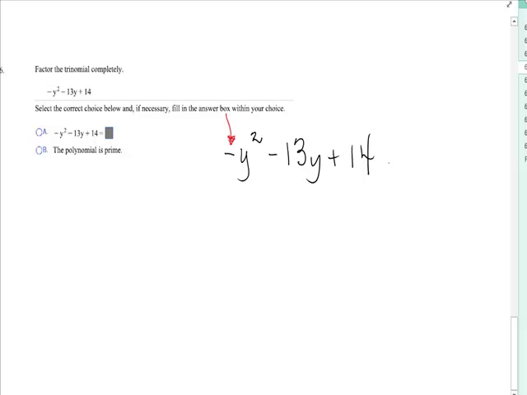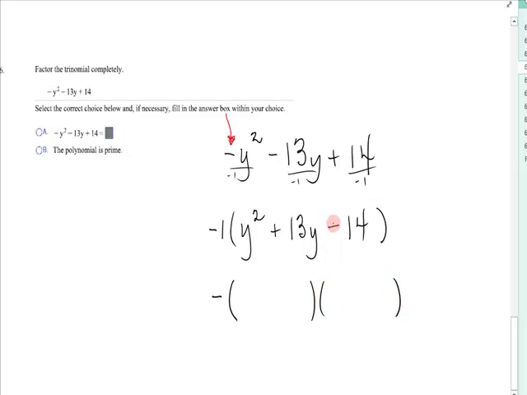There's nothing that divides into those, so I will factor out -1. And when you divide each of these by -1, it changes their signs. That becomes positive y squared. That becomes positive 13y. That becomes -14. Keep the -1 or abbreviate it to just be a negative sign. It doesn't matter.